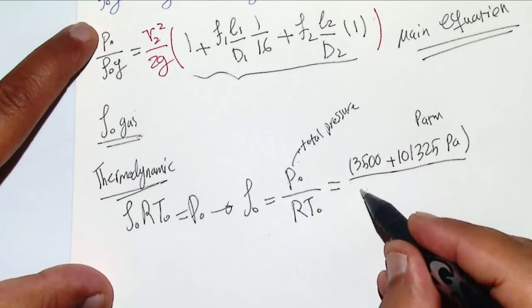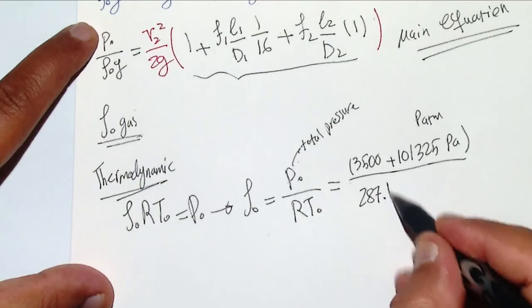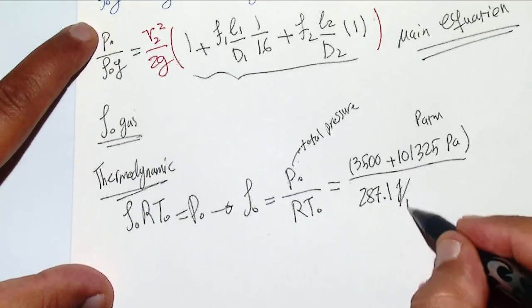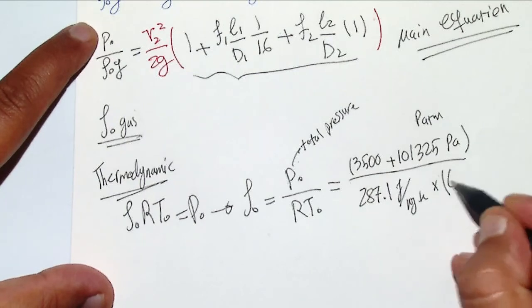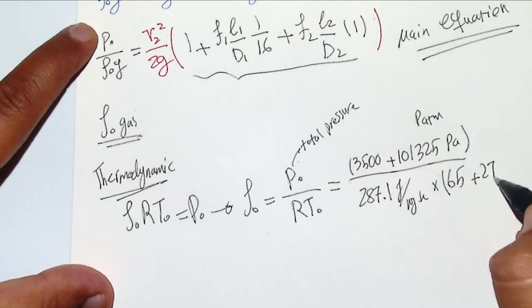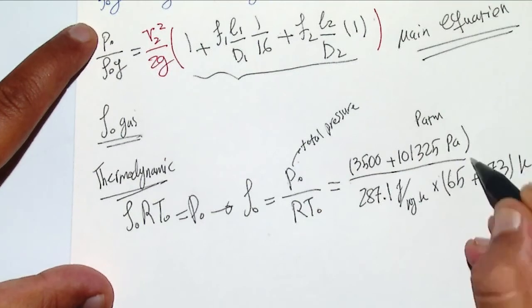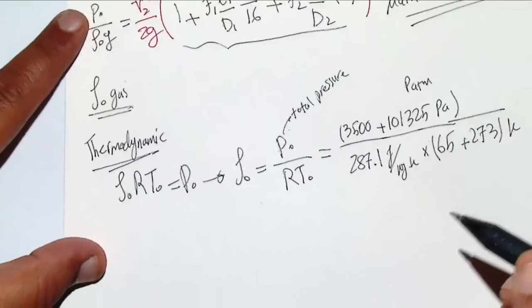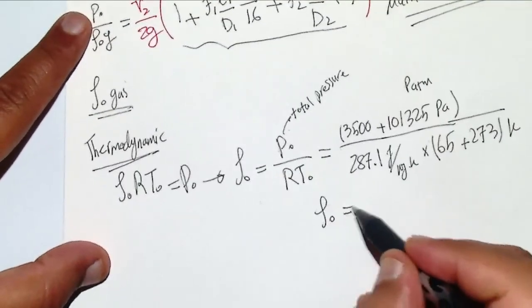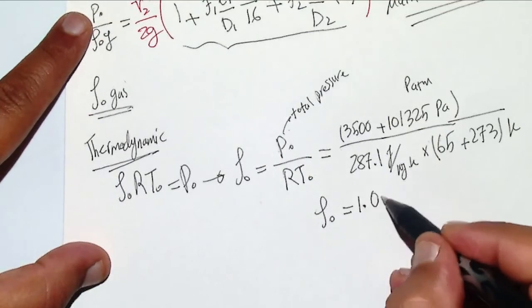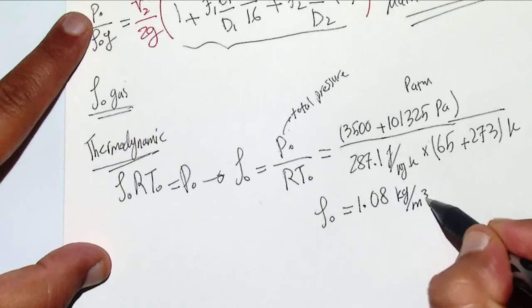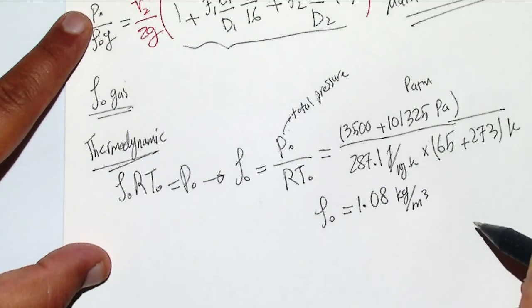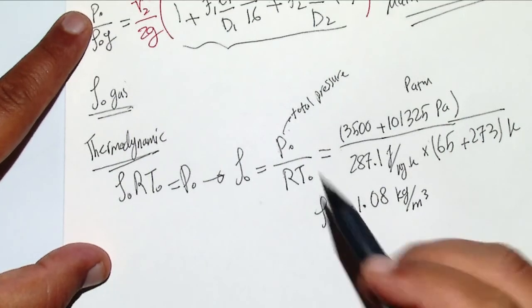R is given as 287.1 joule per kilogram Kelvin, and temperature has to be in Kelvin. It's given as 65 degrees, so plus 253 is going to be your temperature in Kelvin. Then rho 0 is going to be 1.08 kilogram per meter cubed if you do the calculation. Okay, so you find rho 0, then you can plug it into the equation.